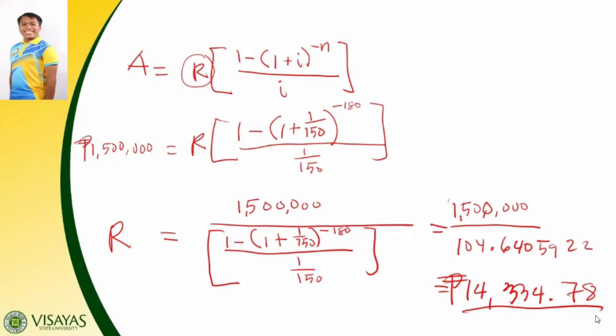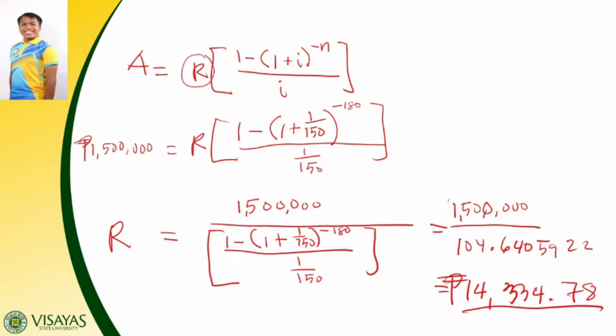So meaning, if the father wanted to invest 1.5 million in a financial institution that gives an 8% compounded monthly interest for the next 15 years, he should give a monthly allowance to his daughter in the amount of 14,334.78.